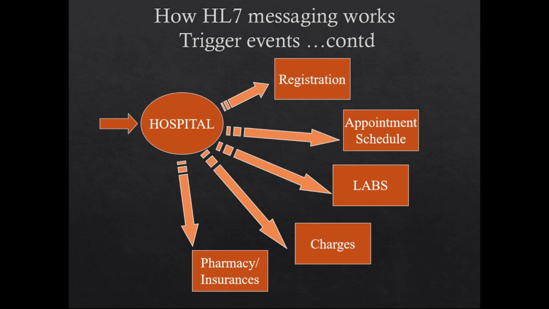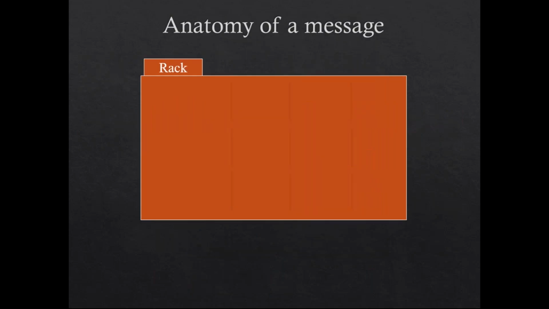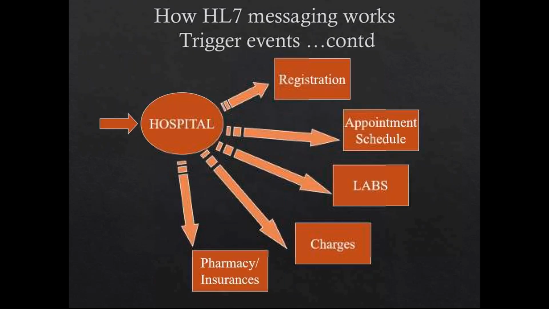Generating pharmacies and insurances is another event. So in this way, the hospital workflow has been broken down into different events. Registration is again broken down into sub events, which we will look at down the line.